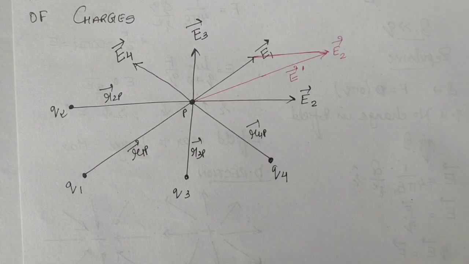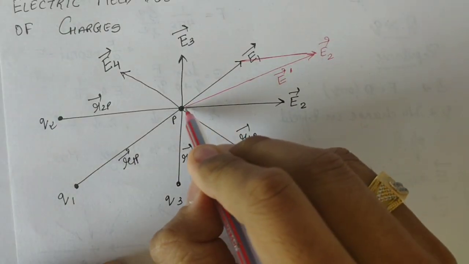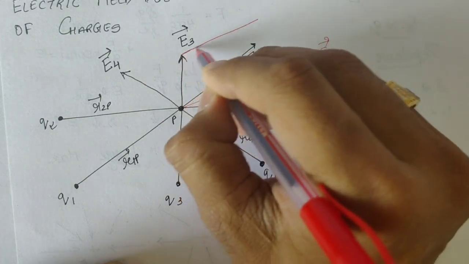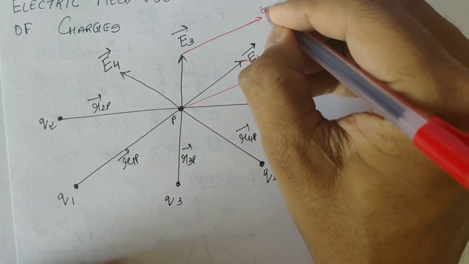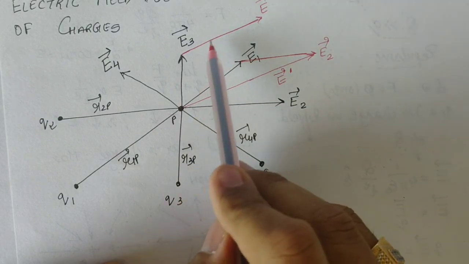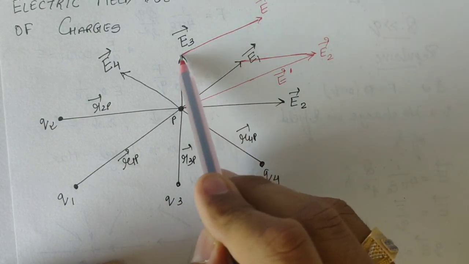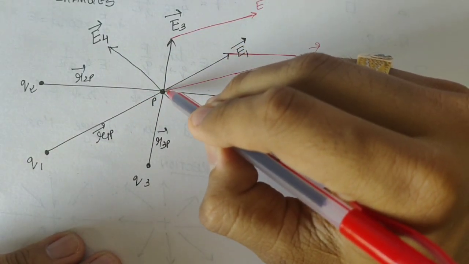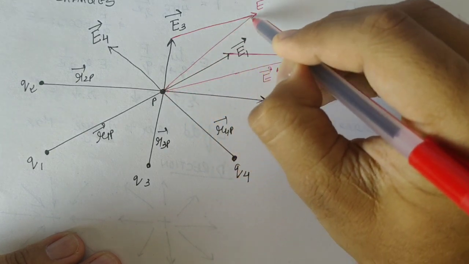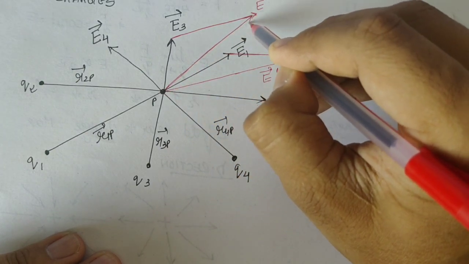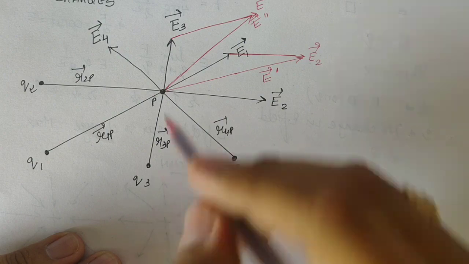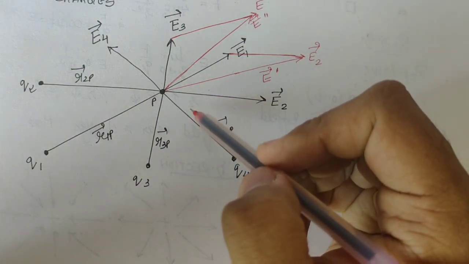Now find E3. Take the resultant vector E dash and its parallel. This is E dash. The head of E3 is on the tail of E dash. So this is the resultant vector, and the name is E double dash. Now E1, E2 and E3 are completed.